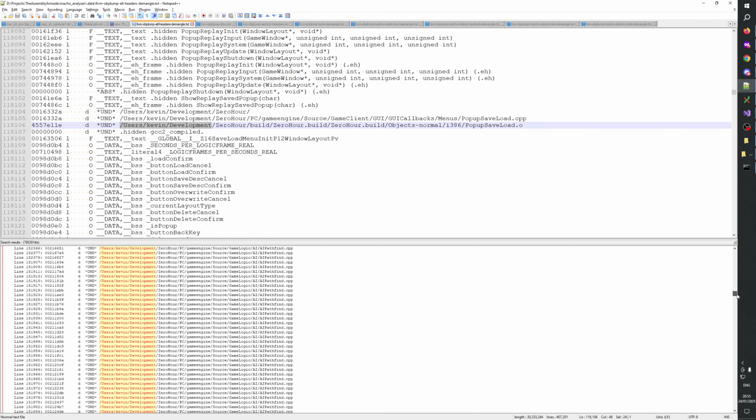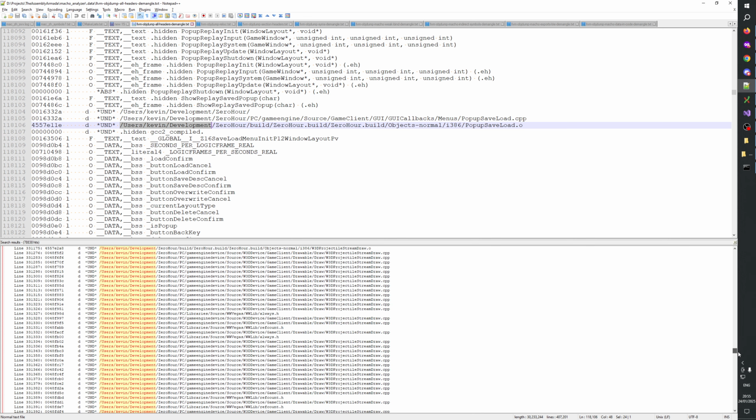PC libraries, okay. So there's a game engine device folder as well.